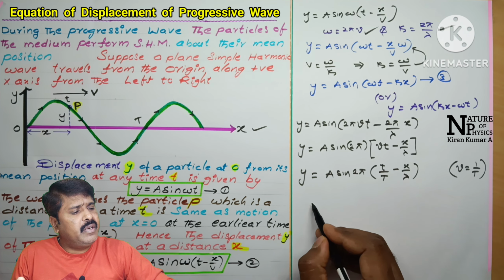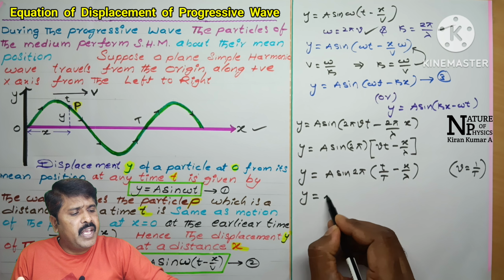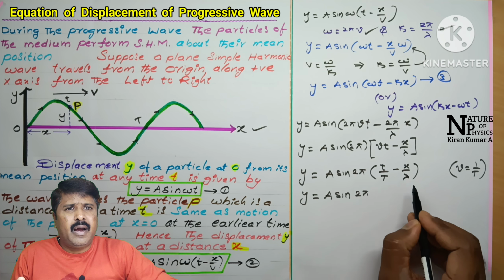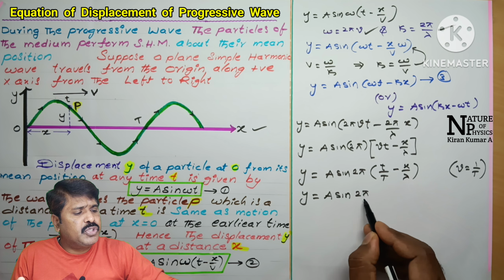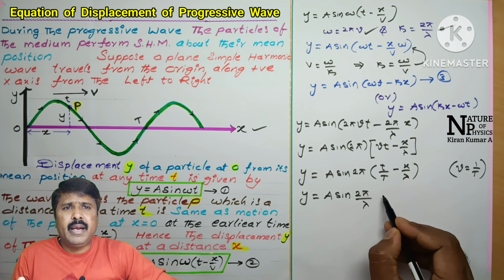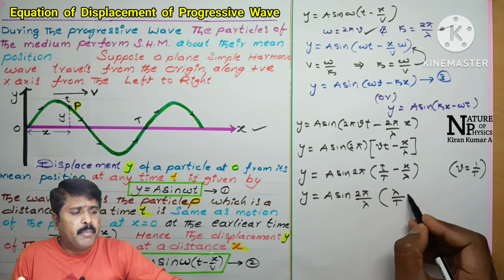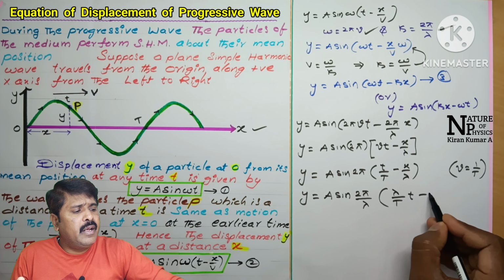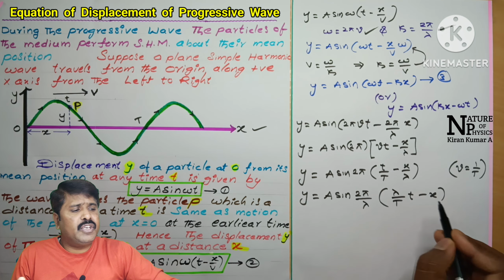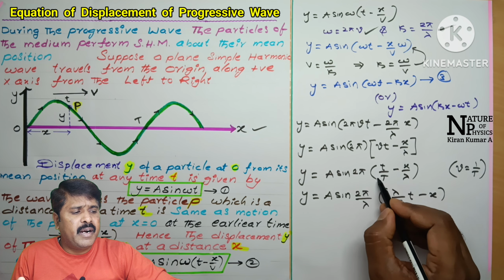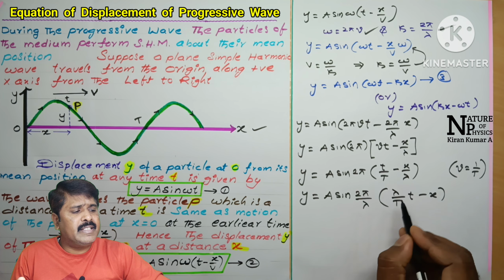Next step, y equals a sin 2 pi, and lambda in the denominator is common, so 1 by lambda is taken out: lambda divided by capital T into small t, minus x. Here lambda is multiplied and divided.